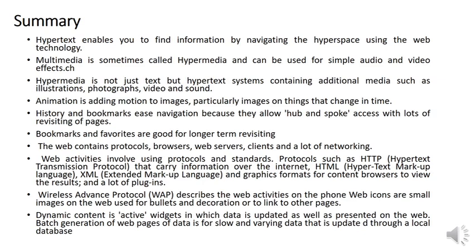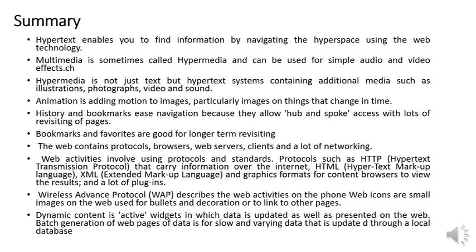Protocols such as Hypertext Transfer Protocol carry information over the internet, then Hypertext Markup Language and Extended Markup Language and graphic formats for content, browsers to view the result, and a lot of plugins. Wireless Application Protocol describes the web activities on the phone.